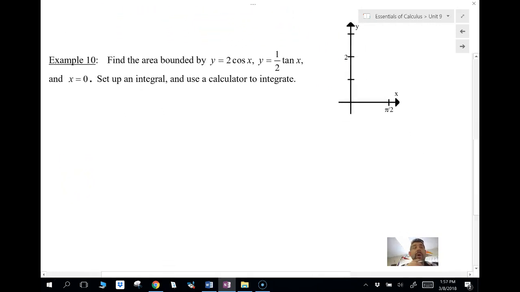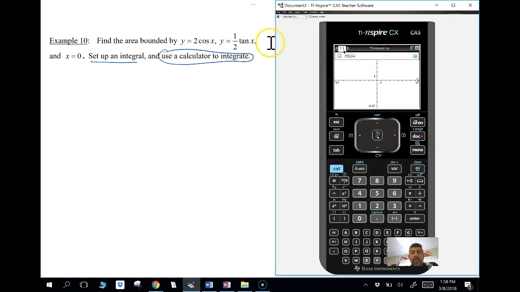Find the area bounded by y equals 2 cosine x, y equals 1/2 tangent x at x equals 0. So we're going to set up an integral and we're going to use a calculator to integrate this. So what I would do is I would set up the calculator to graph this in this interval right here. All right. So let's go ahead and do that. I'm using a TI Inspire here, and we'll go ahead and graph each of these.